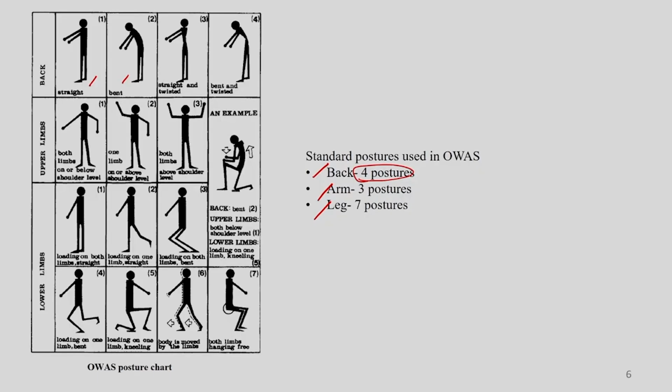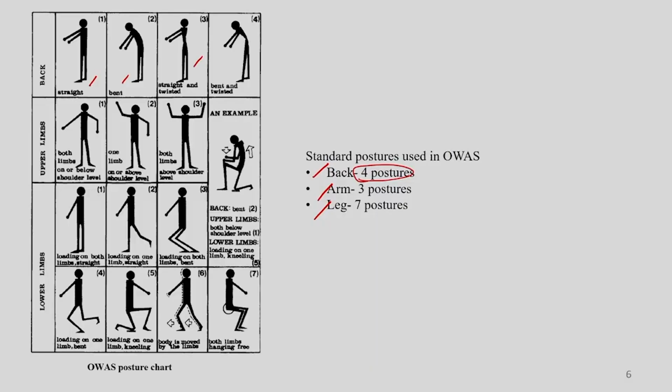In that case it is 3. If you are looking straight forward, it is a very natural posture, so its score is 1. When you are bending a little forward, then it is 2. If you are straight and doing your activity on the left or right side, then it is 3.